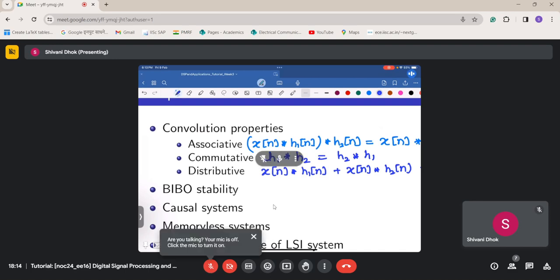Am I audible? My system is behaving very badly today. Some settings are wrong. I'm using different systems.